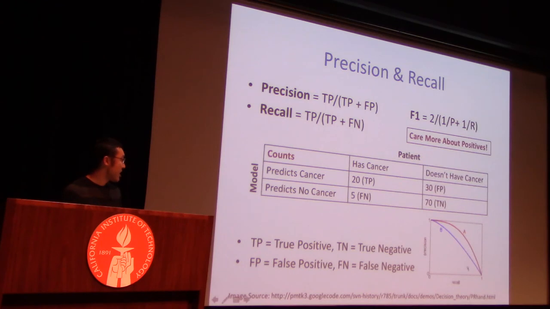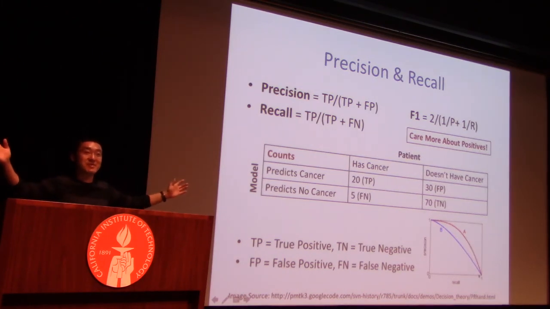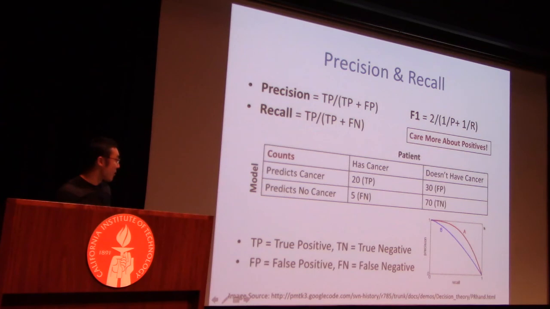If I predict everything is positive, I get close to 0 precision, but I get 100% recall. So everyone has cancer, and I'm never going to miss anyone who has cancer. It's not a very useful model. So typically we want models that have precision recall curves that hit this upper right corner as closely as possible.